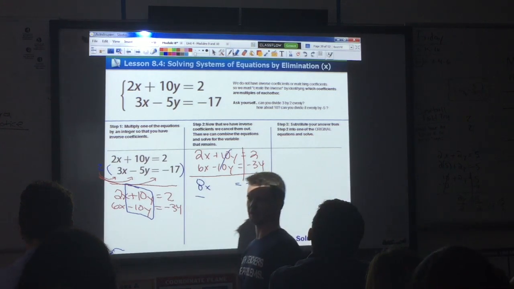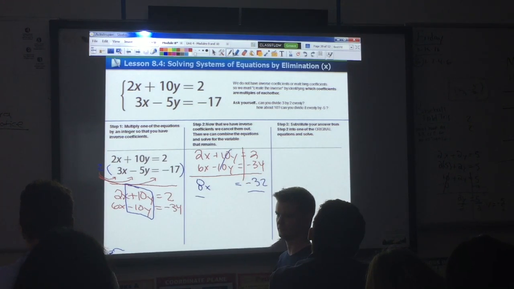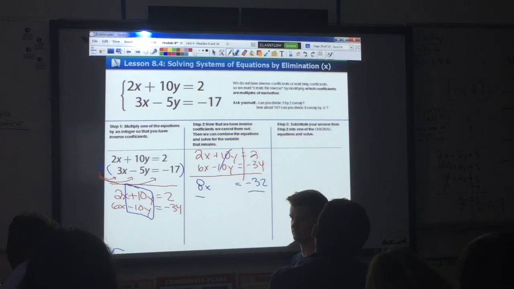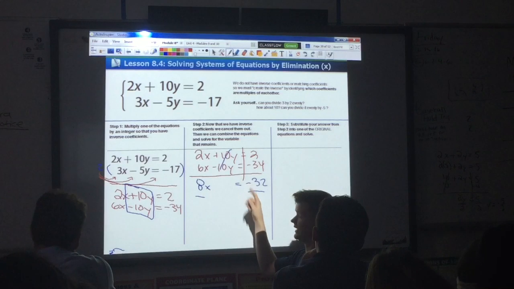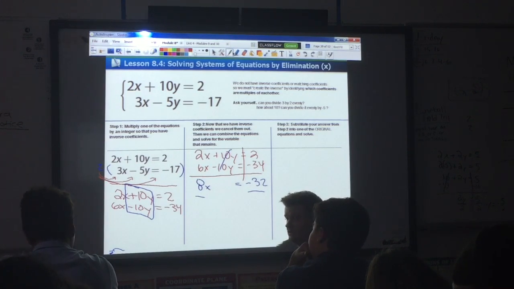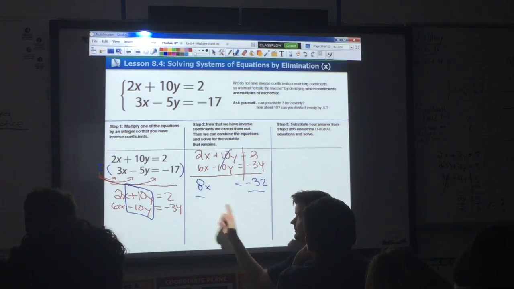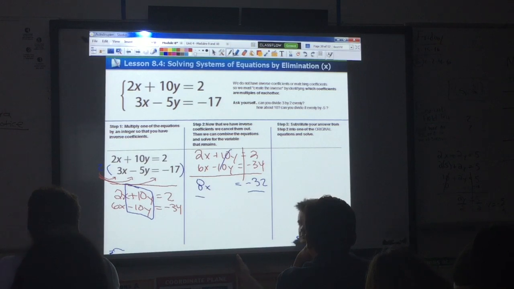All right, so we get here. We're going to divide both sides by what, Chris? We're here, right here. What do I divide both sides by? Okay, Chris, we have 8x equals negative 32. I'm trying to get x alone. What's happening between the 8 and the x?